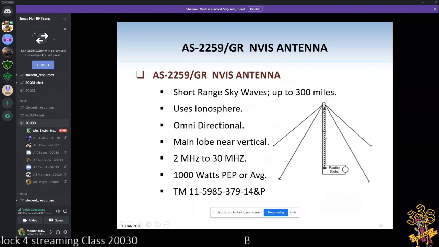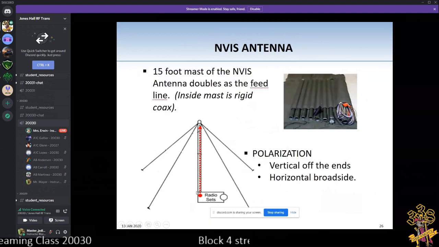Now, this mast supports these 2 cross dipole antennas. It also works as a feed line for the signal from the radio. At the bottom of the NVIS on the base plate, there is a connector, so you can run a cable from your radio over to that connector and attach it, and the mast is going to feed it up to the 2 cross dipole antennas.